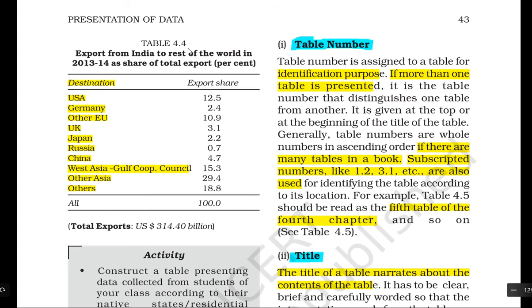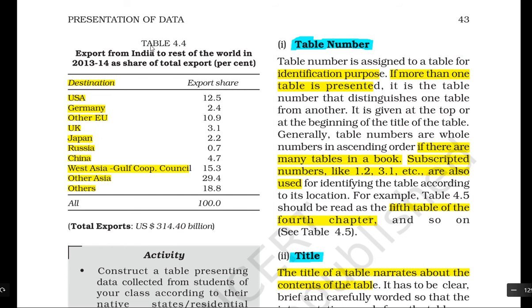In this book, in other books, or in any subject book, even history or social books, if you find a table, it has a table number. So we are learning how to actually prepare a table. It is not only bookish knowledge, we are doing practical knowledge. So the first thing is the table number.